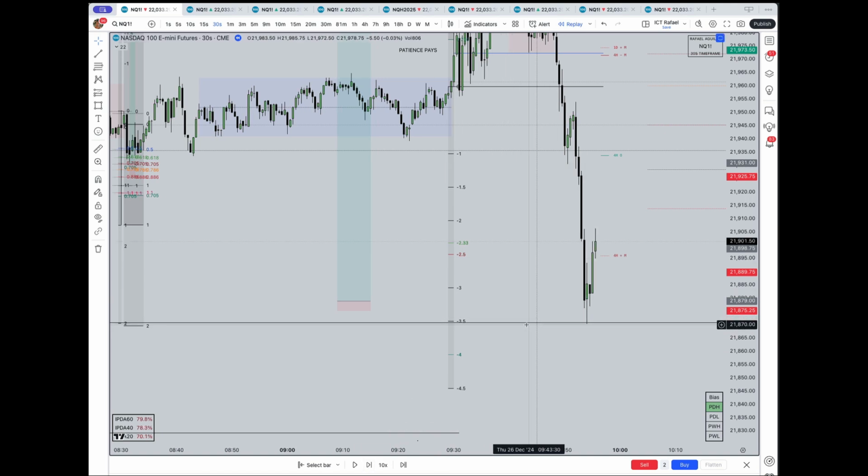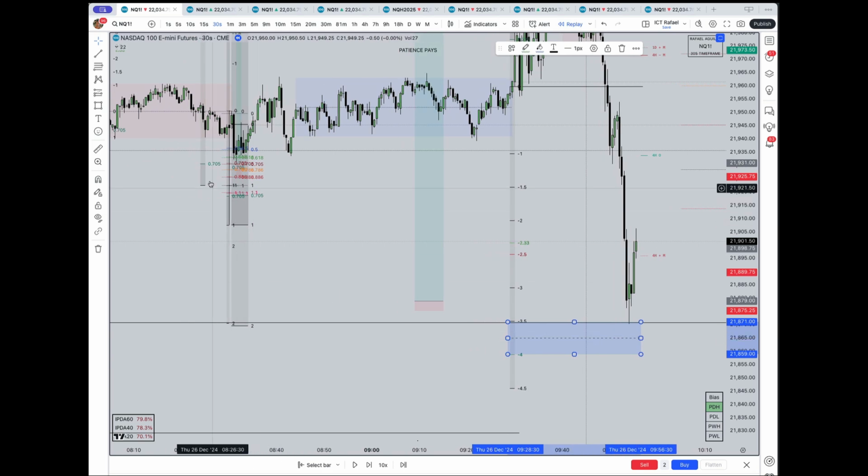Price touched 3.5. Okay, the good zone would be 3.5 and 4. But why did I say this is not precise today? Because the news candle is the one that tells you the low of the day. So the positive 2 on the fib of the leg I measured was our low of the day.